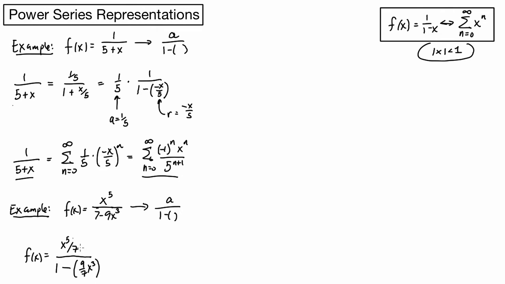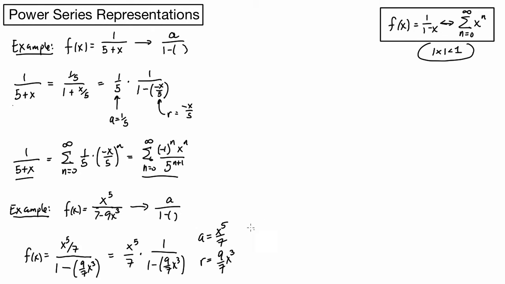So every piece gets divided by 7. All right, I'm going to pull out the x to the 5th over 7 term, and it's multiplied by 1 over 1 minus this 9/7 x cubed term. So it looks to me like a is x to the 5th over 7, and r is 9/7 x cubed.